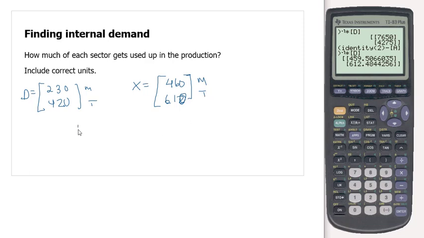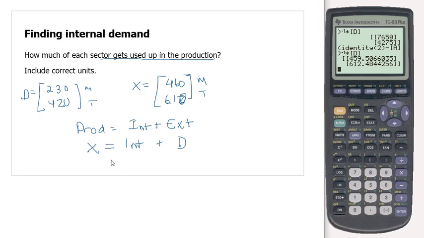Remember, our production equals our internal demand plus our external demand. So this external demand is that D. Our internal demand is what they're asking us. The amount that gets used up in production is your internal demand, and our production is our X.